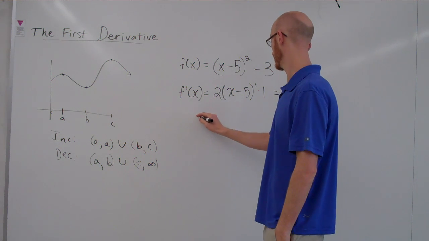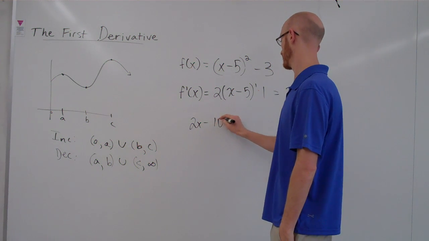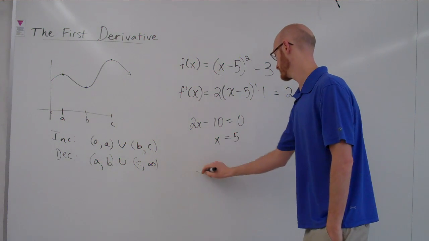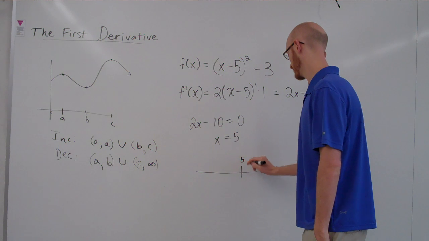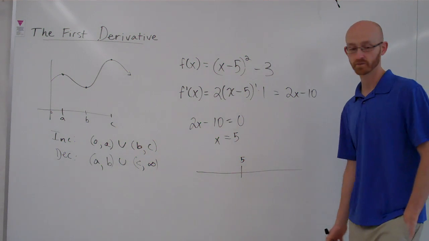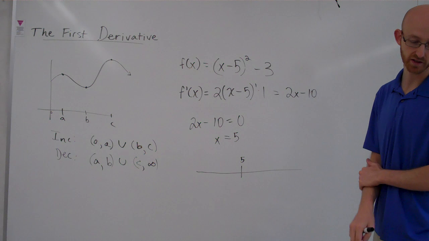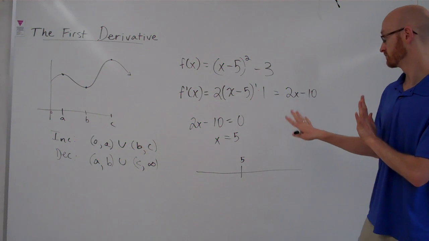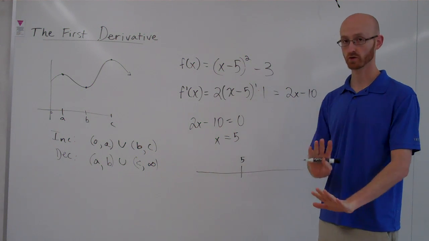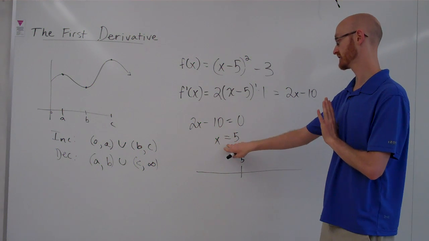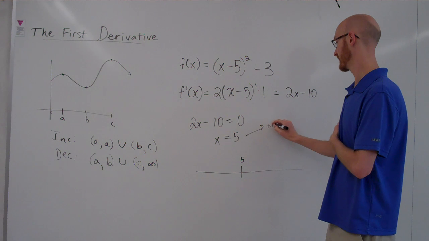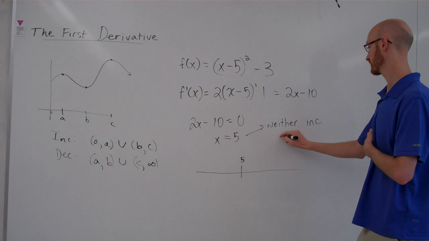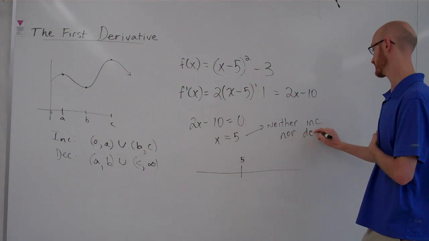So what we're going to do is 2x minus 10 equals 0, and you find x equals 5. Now, I'm making a little number line here. Well, I don't have to get there just yet. First of all, are we okay? Make sure you're okay with the fact that x equals 5 is neither increasing nor decreasing.